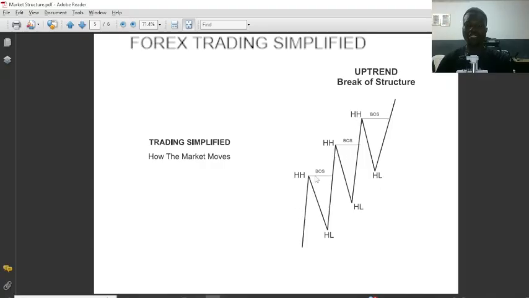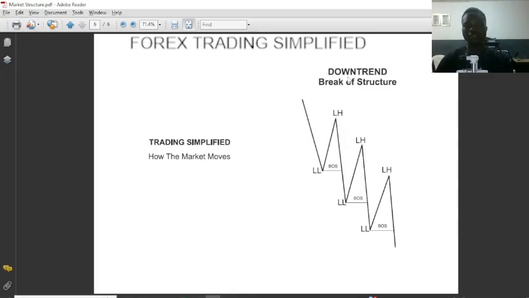So when the market is in an uptrend, this is what actually happens. You have a higher high, higher low. The moment the market breaks through the recent high, it means that there is a break of structure. And as you can see, there is a break of structure right here.